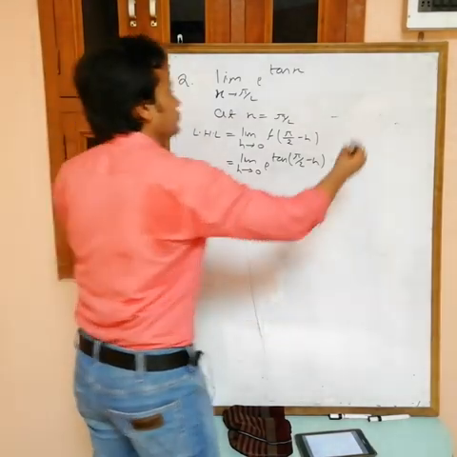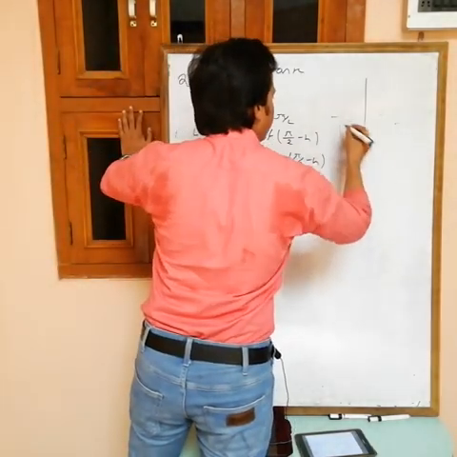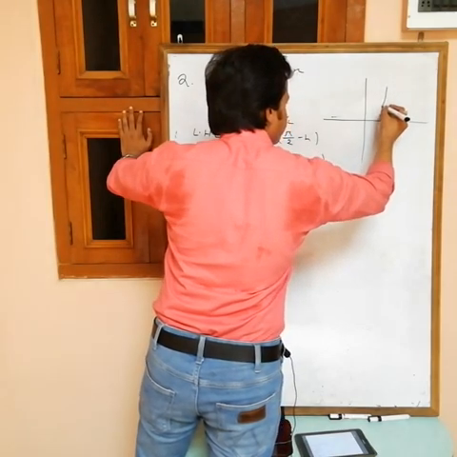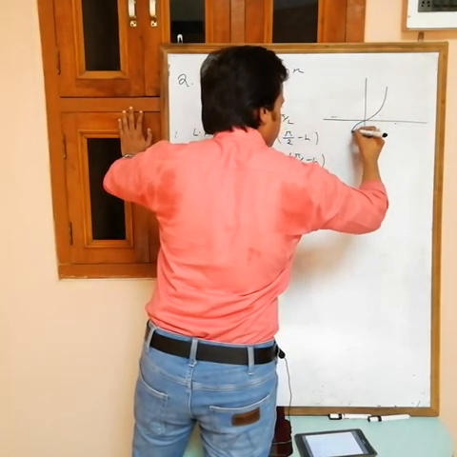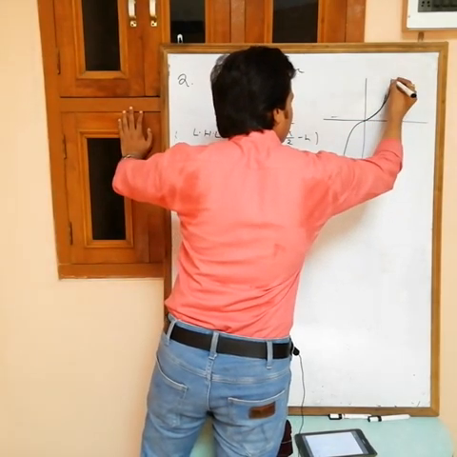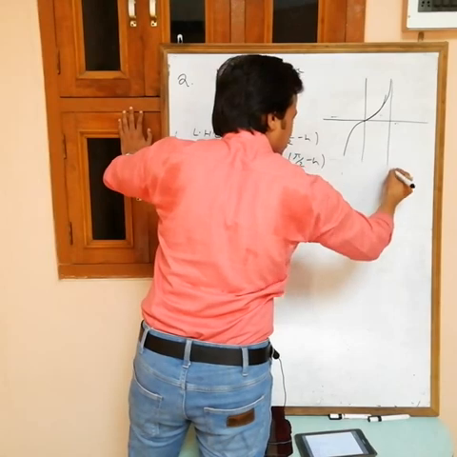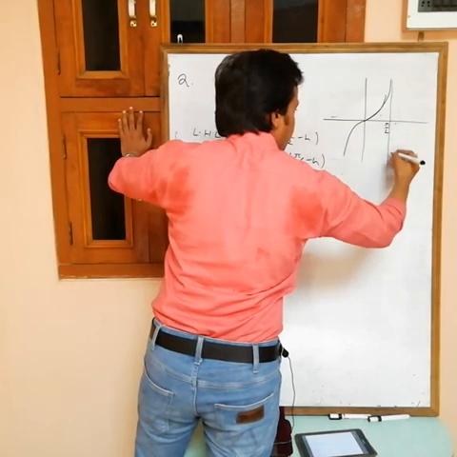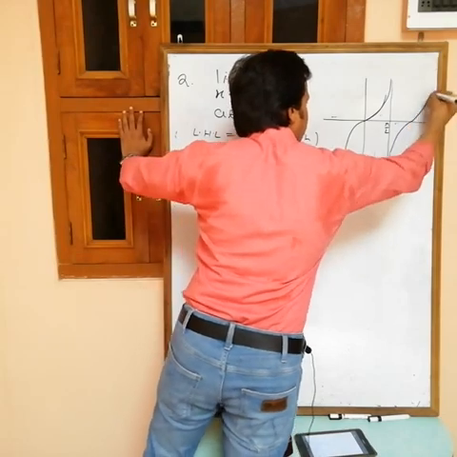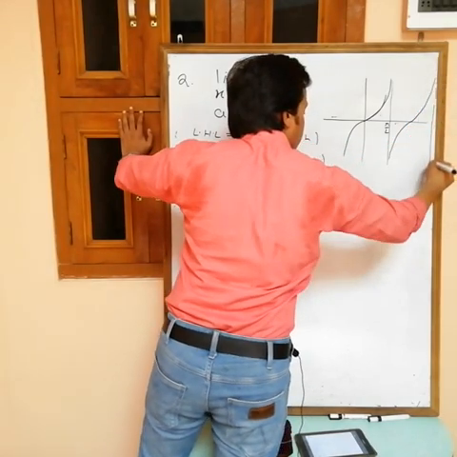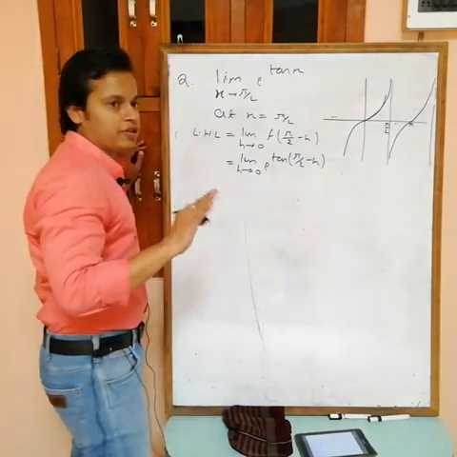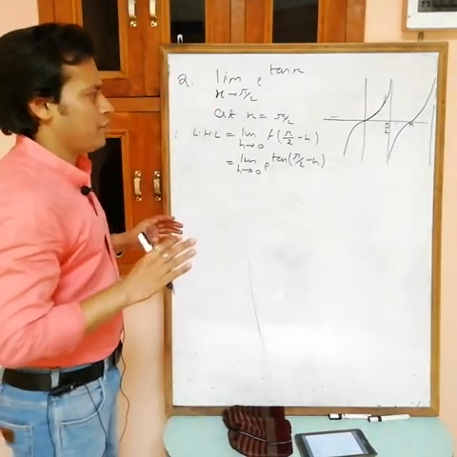See, if I draw the graph of tan x, this is pi by 2, pi. Okay, this is the graph of tan x from 0 to 3 pi by 2.